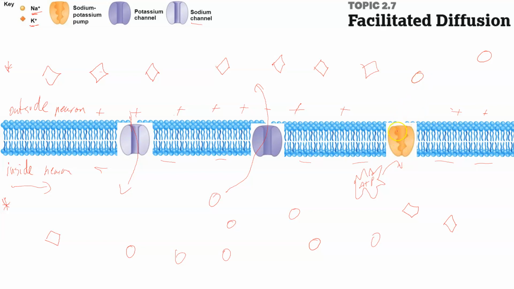It's going to trade 3 sodiums for every potassium, and it's going to move against the concentration gradient. So this is what's going to force this gradient to set itself back like it was. You're going to have sodium, ATP is going to be used to pump sodium back across to this other side.